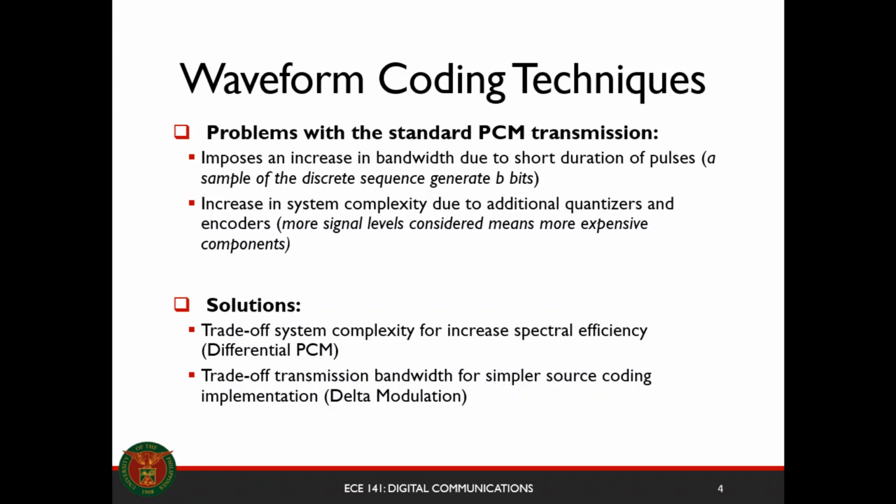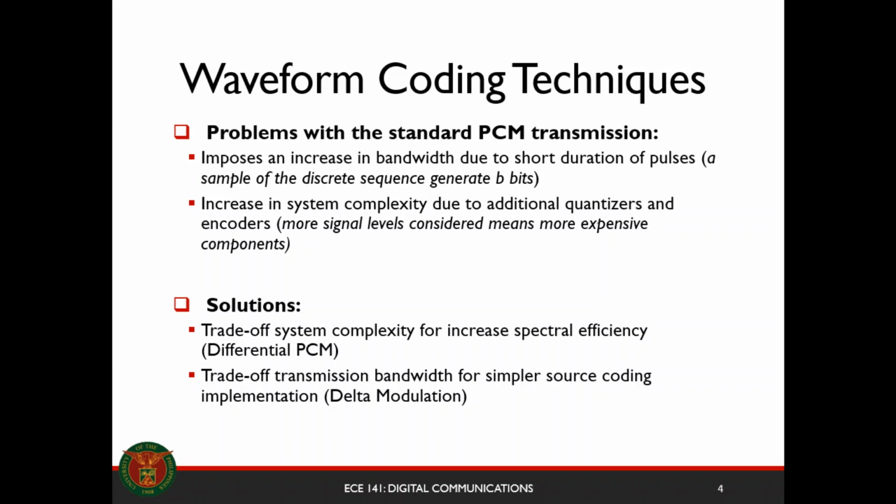Solution, there are actually two solutions. Basically, it depends on what you choose. If you want to increase the spectral efficiency, you have to increase your system complexity. The more complex the system, the greater the spectral efficiency.